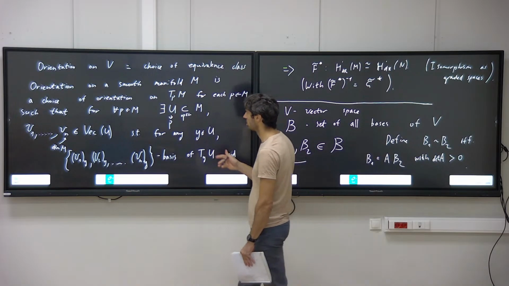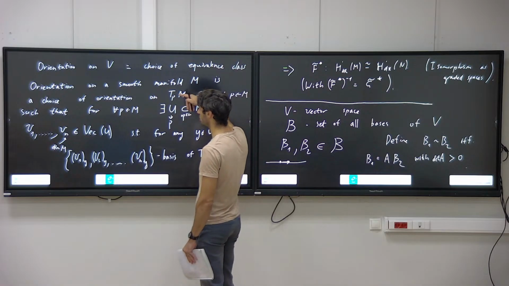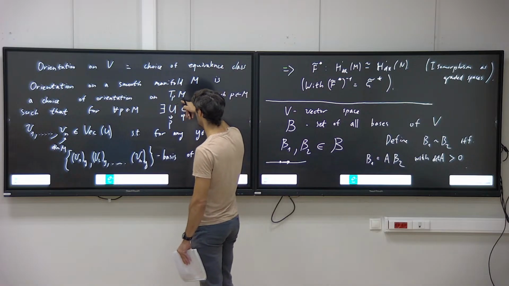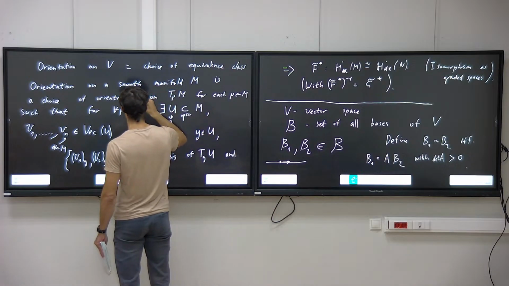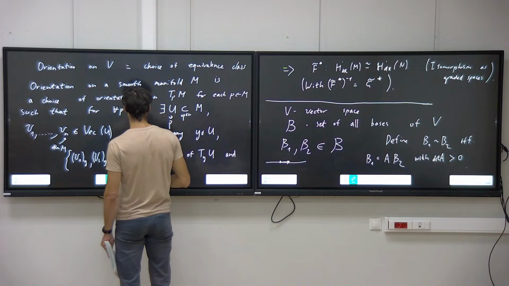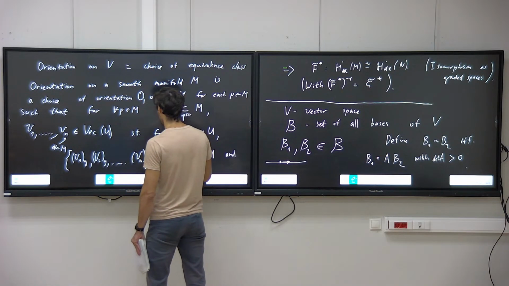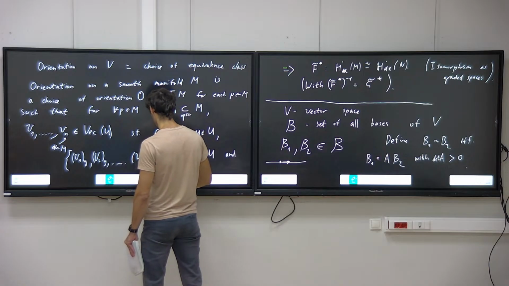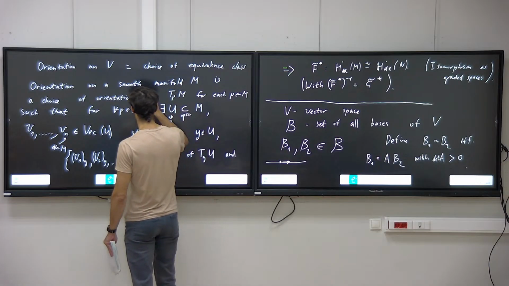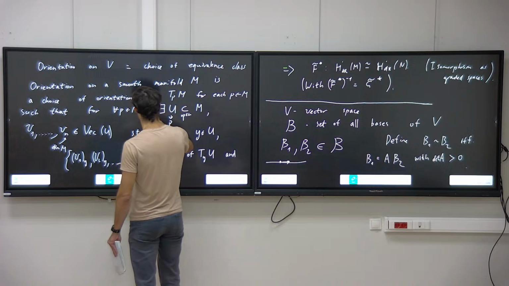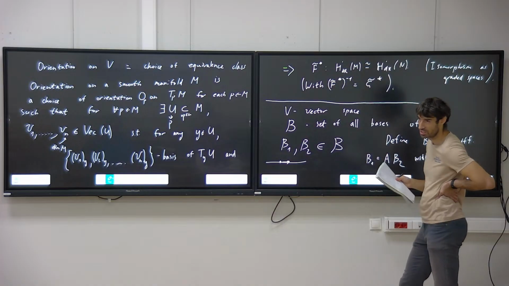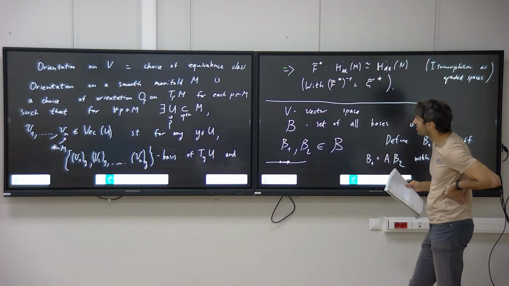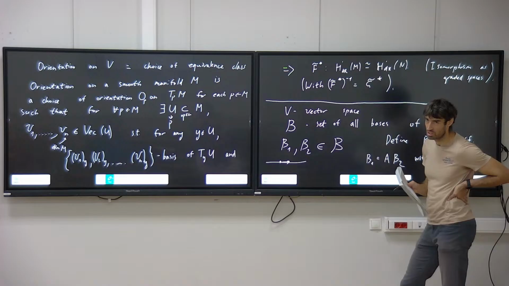yeah, so I need to introduce some notation. So an orientation of a smooth manifold M is a choice of orientation on T_pM. So let me denote this choice for each p as O_p. Maybe this is not the best notation. O stands for orientation.